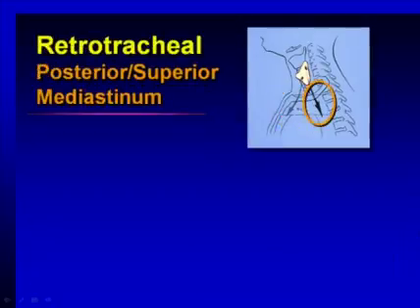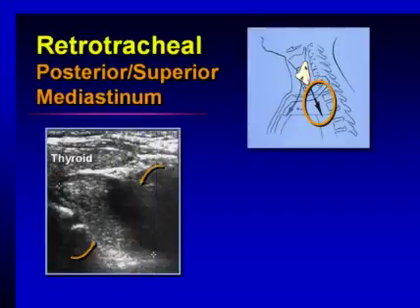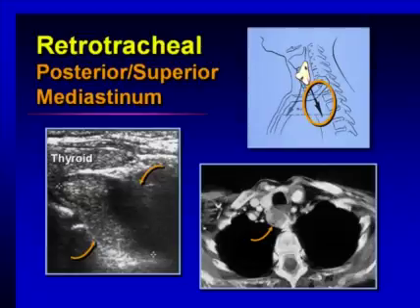The superior glands, when they are ectopic, tend to continue their embryologic travels into the posterior aspect of the neck or posterior superior mediastinum. If the surgeon doesn't find it more anteriorly, they tend to run their finger behind the trachea and probing more deeply into the low neck in an attempt to find these glands. Here we can see the same adenoma on ultrasound and CT.